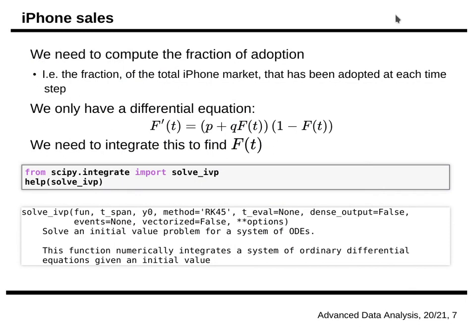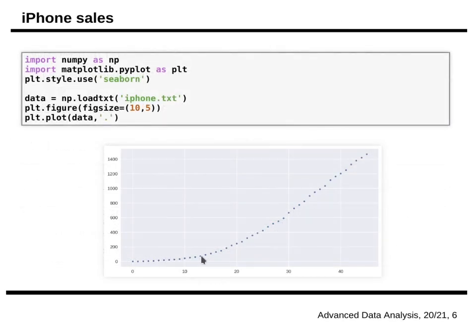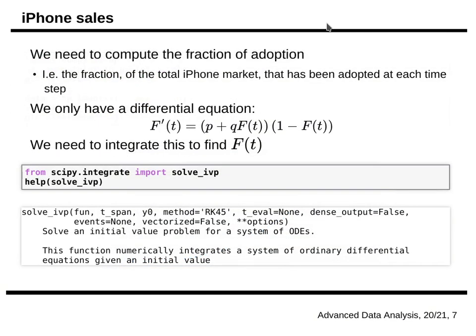Okay, so what we need to do here is compute this ft, because what we are seeing here, the cumulative sales, is the total adoption of the iPhone so far. But we need to figure out how much this is as a fraction of the total market capacity for the iPhones, and then we need to be able to compute that, to adjust it to the data in order to find those parameters.